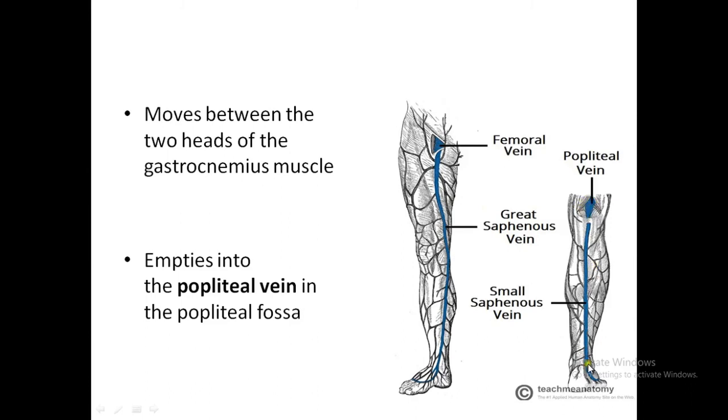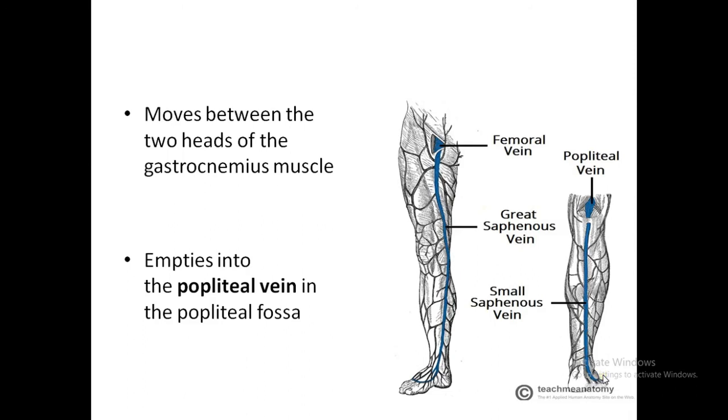So the small saphenous vein, which is formed by the dorsal venous arch of the foot and the dorsal vein of the little toe, ascends posteriorly in the leg.